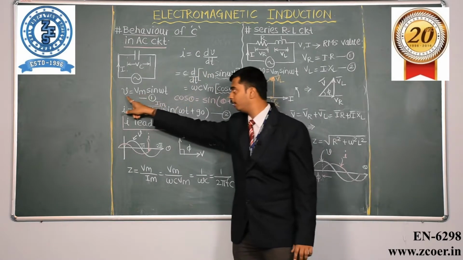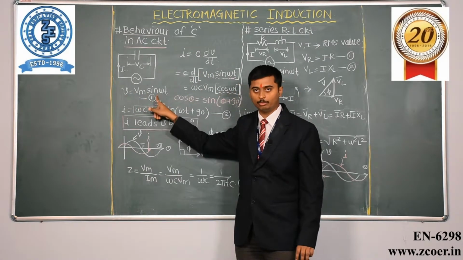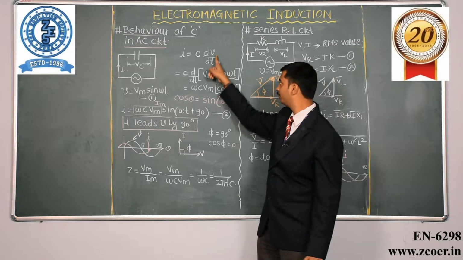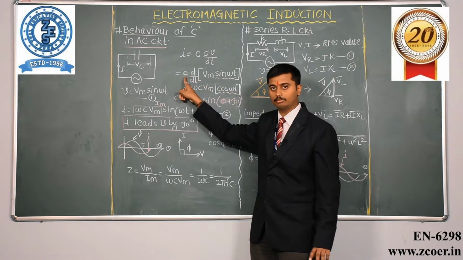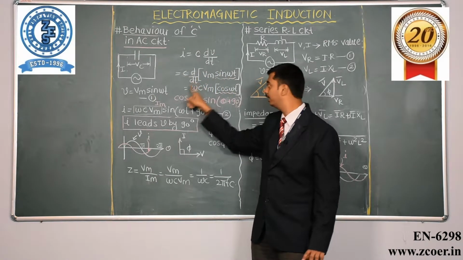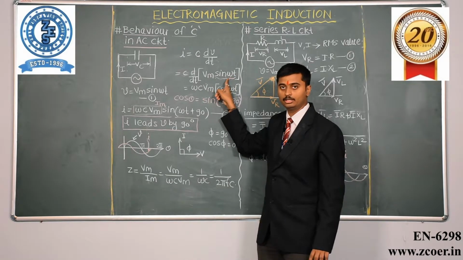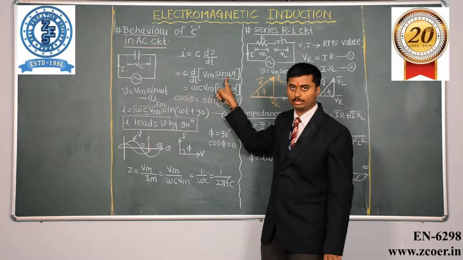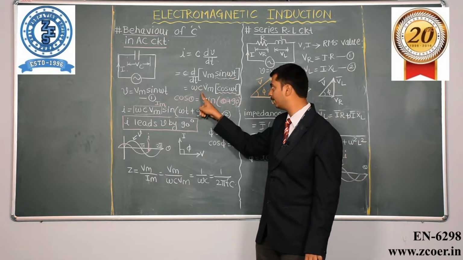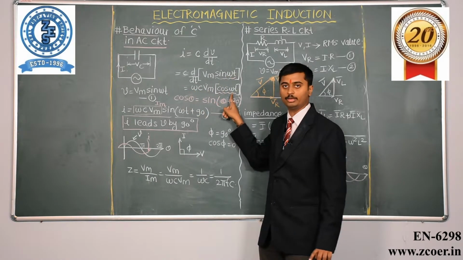We know the value of V is Vm sin omega t. So if we substitute, the expression is C into d by dt of Vm sin omega t. Now what is the derivative of sin omega t? It is cos omega t. So the equation is omega C Vm cos omega t.